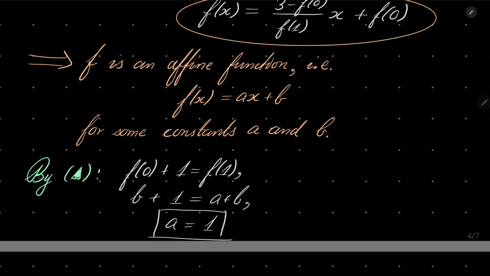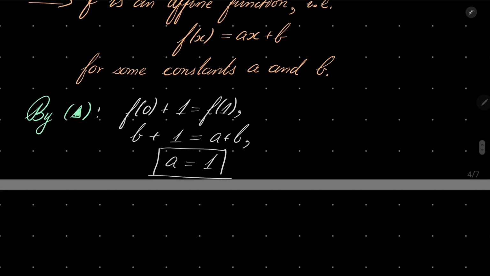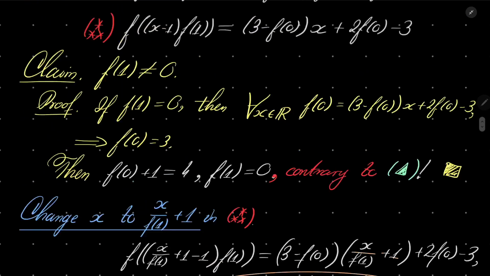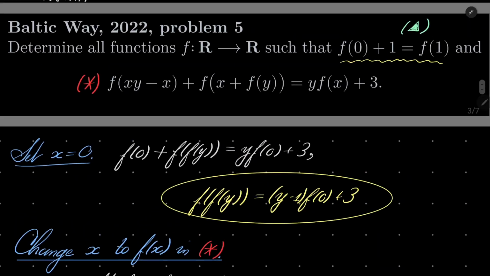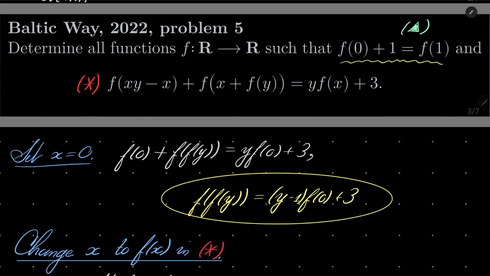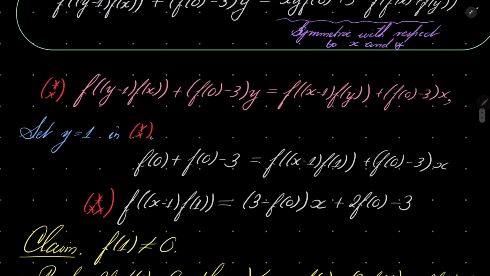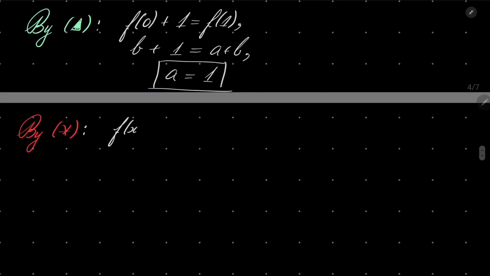So now we know something. And now we will use our very first functional equation, asterisk. By asterisk, this condition: f of xy minus x plus f of x plus f of y equals y times f of x plus 3.